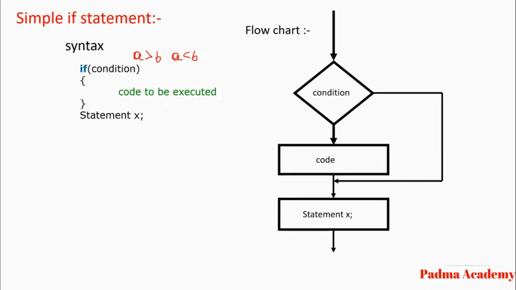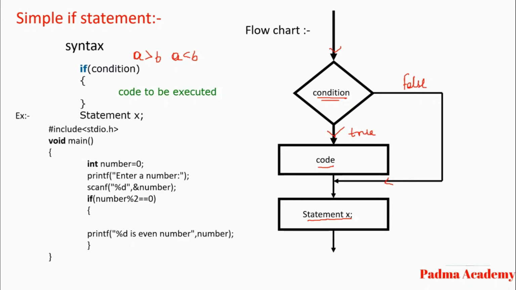It will come first over here, then check the condition. If it is true, then it will execute the code for true. Or if it is false, then it will not execute that code and it will execute the next statement, that is statement X.